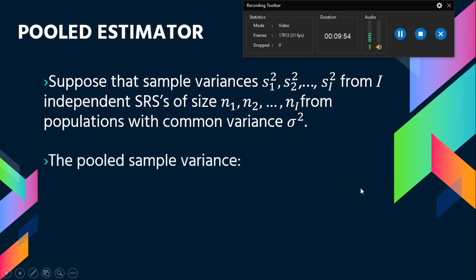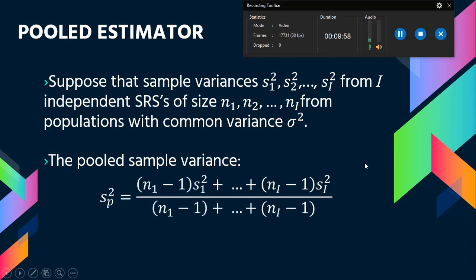So this is the formula we would use for the pooled sample variance. This is on your formula card. It looks messy, but basically it's saying S squared is variance, P is pooled. We'll take our first sample size, N1, and we'll subtract 1. And we're going to multiply it by the variance, or the squared standard deviation, for that first group.